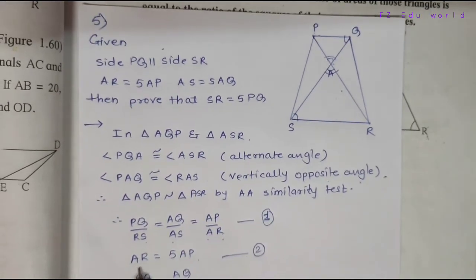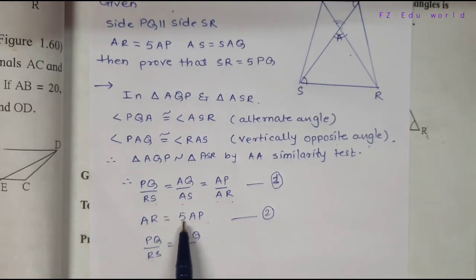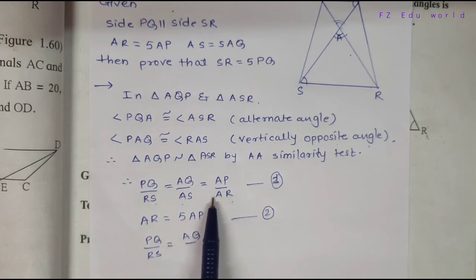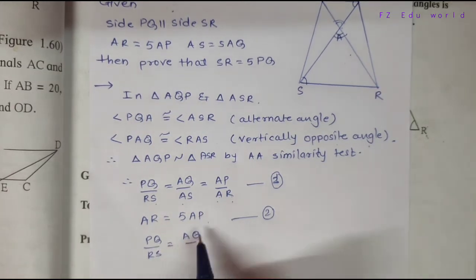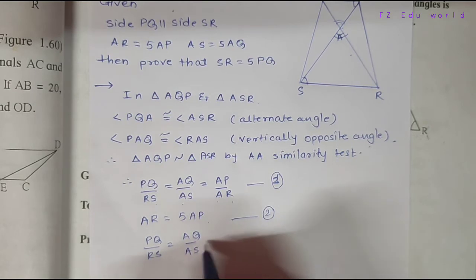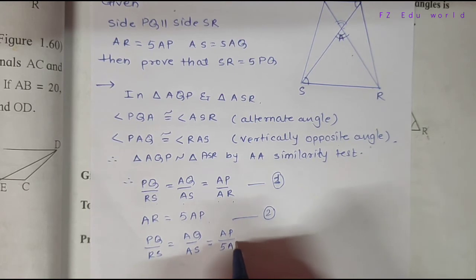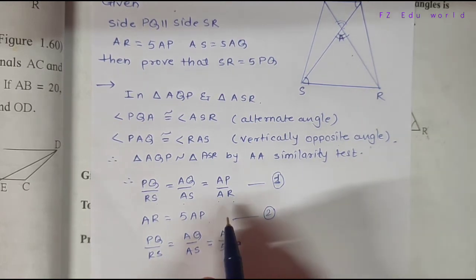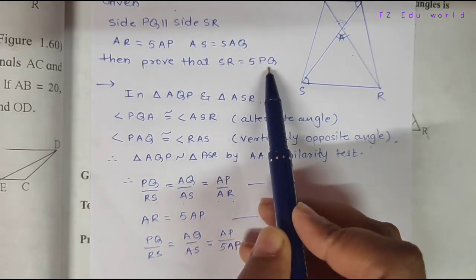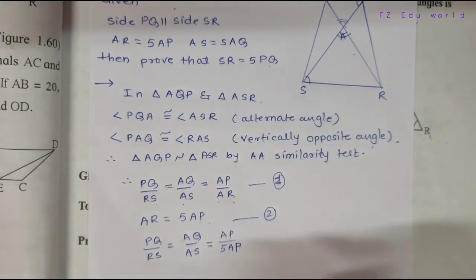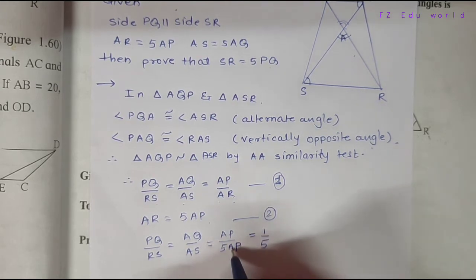Now we are given that AR is equal to 5 AP, so we can write 5 AP instead of AR: PQ upon RS is equal to AQ upon AS is equal to AP upon 5 times AP. This ratio will be equal to 1 upon 5 as AP gets cancelled.